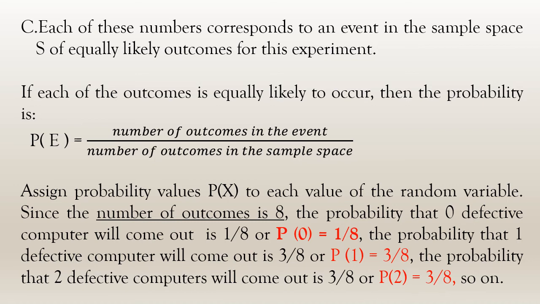So the probability that one defective computer will come out is 3 over 8 naman or 3 out of 8. So pag nilagay natin yan sa probability, that is P of 1 is equal to 3 over 8. The probability that 2 defective computers will come out is 3 over 8 also. So pag nilagay natin yan sa probability, P of 2 is equal to 3 over 8. So and so on and so forth.